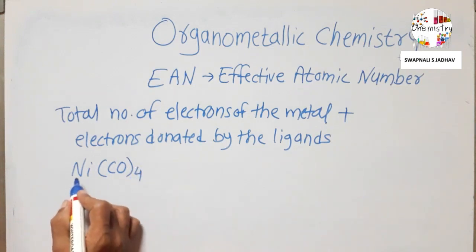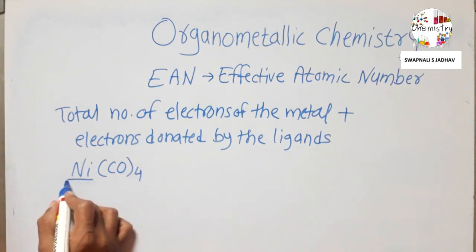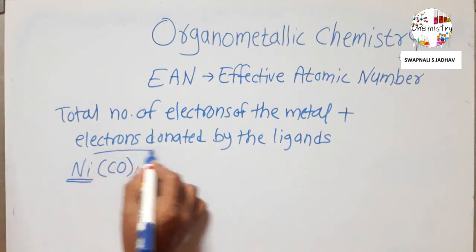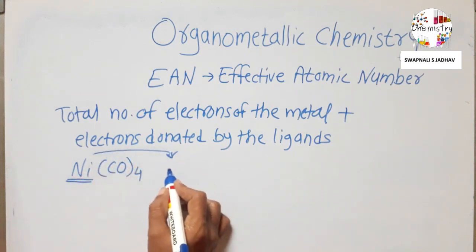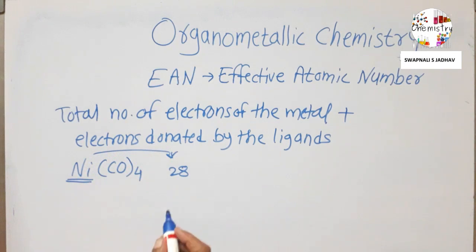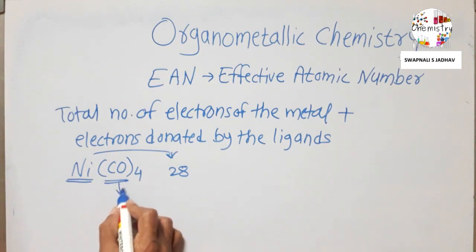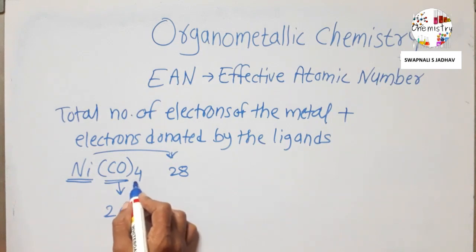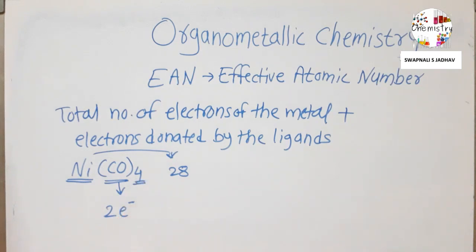In NiCO4 the metal atom is nickel. Nickel contains how many electrons? 28. Carbonyl group donates how many electrons? 2 electrons. Here how many carbonyl groups are present? 4.